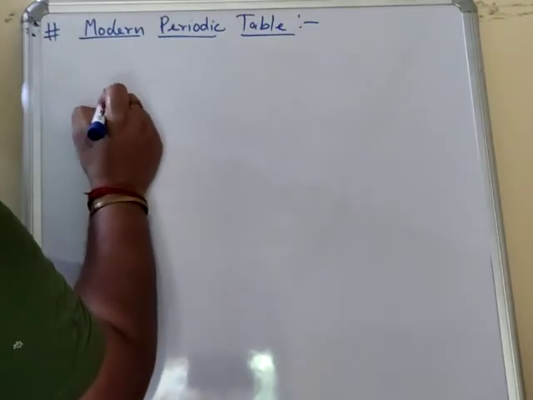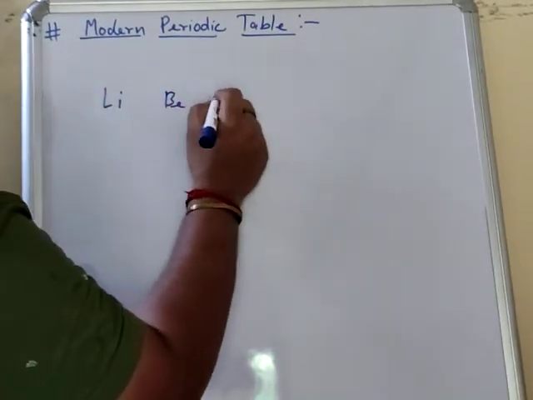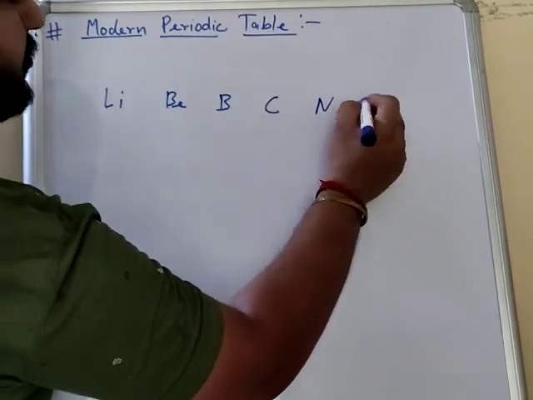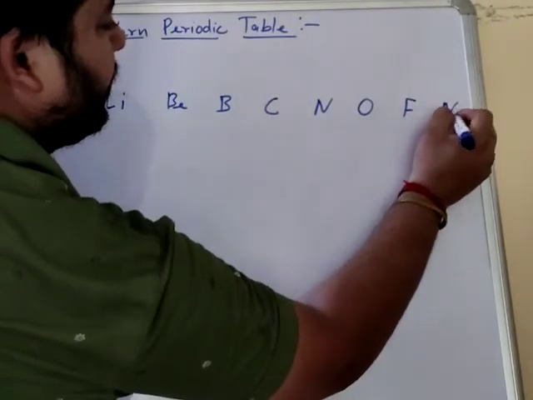first understand: lithium, beryllium, boron, carbon, nitrogen, oxygen, fluorine and neon.